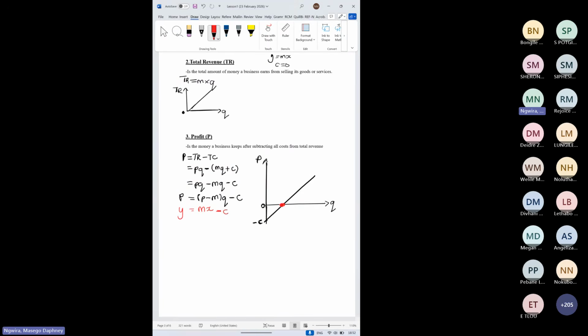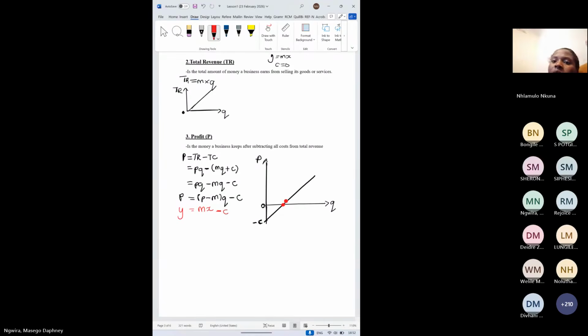So this is what we call the break-even point. Break-even point is when your profit is equal to 0. At this point, my P is 0. And then as I move up now, I'm going to start having profit. So this is the profit function when we do it graphically.